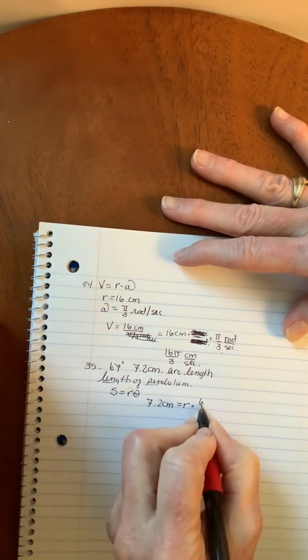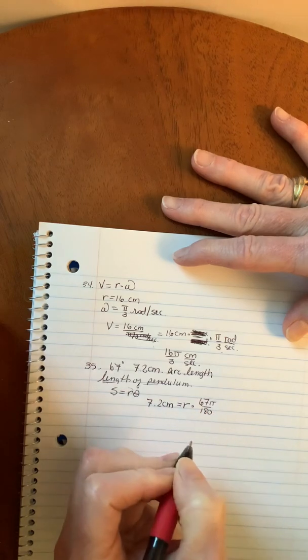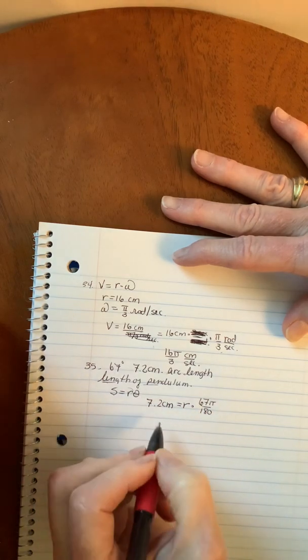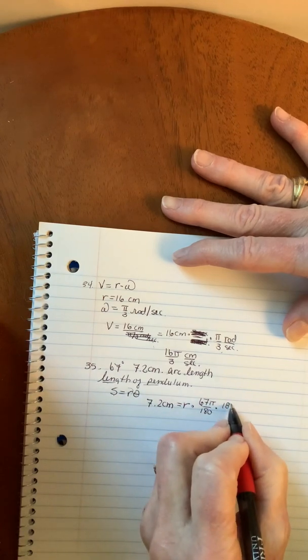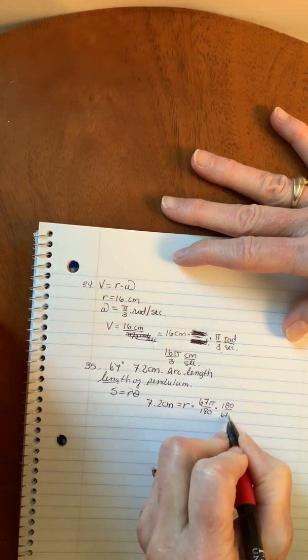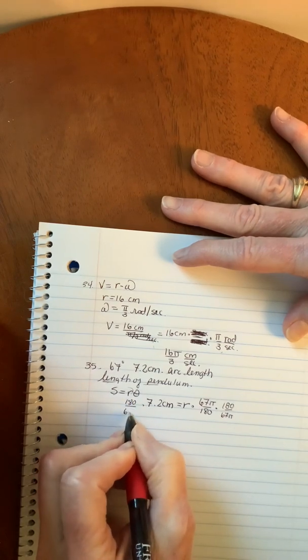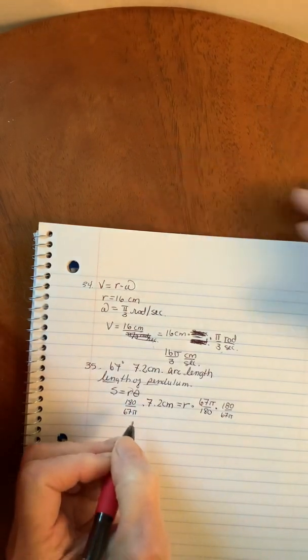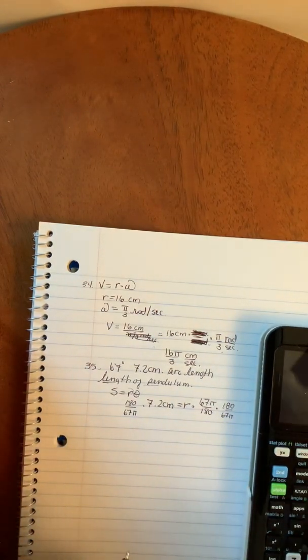So 67 times pi over 180, just translate it. Now to solve for r, let's multiply by 180 over 67 pi. And this one probably could be done with an estimate.